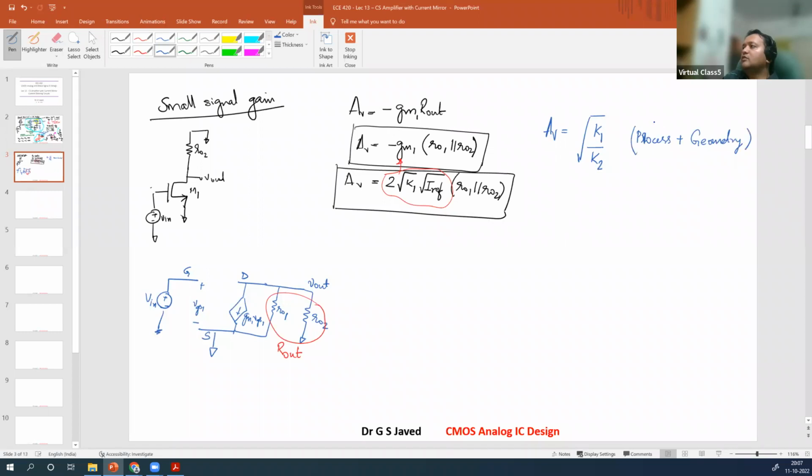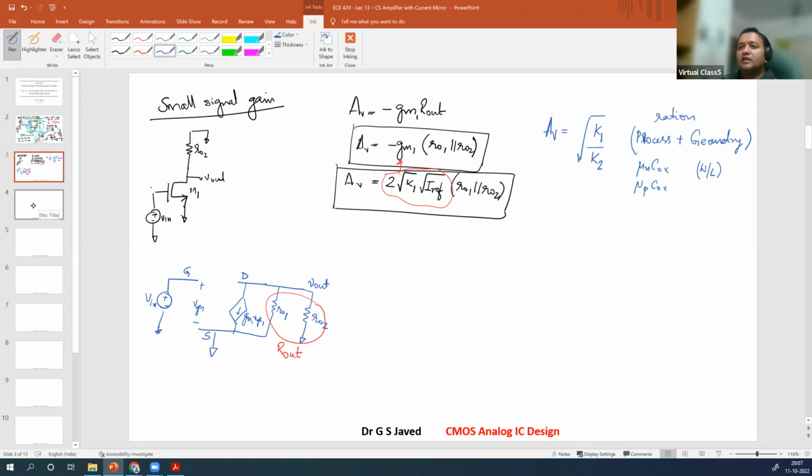The ratio of the process and geometry of these two devices. So process would be mu n Cox versus mu p Cox, one NMOS and PMOS device. Geometry will be W by L ratios of these. So if the current is same, then the entire gain is given as a ratio of the process and geometry of this device.